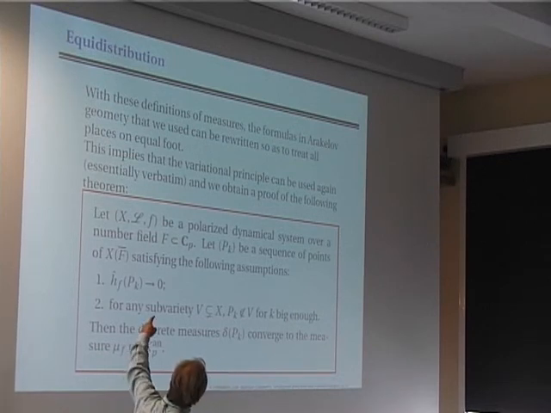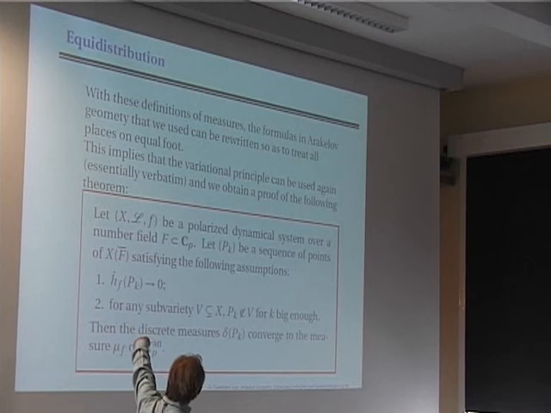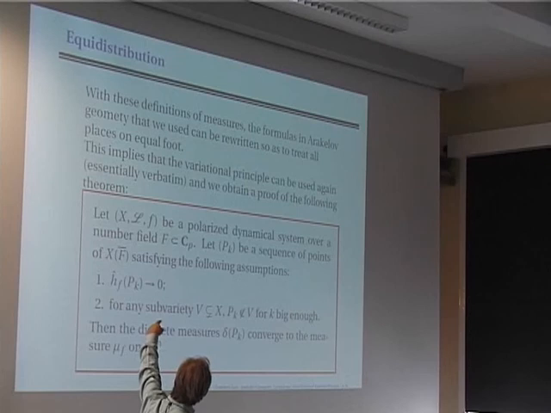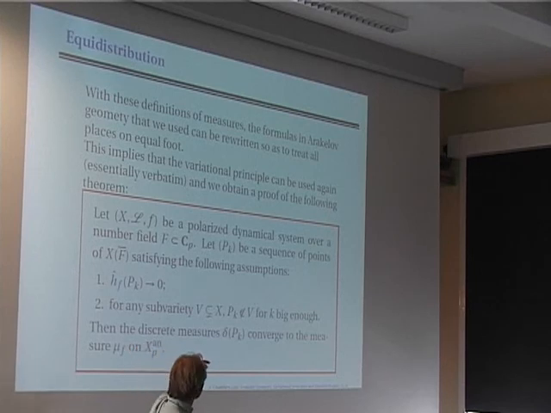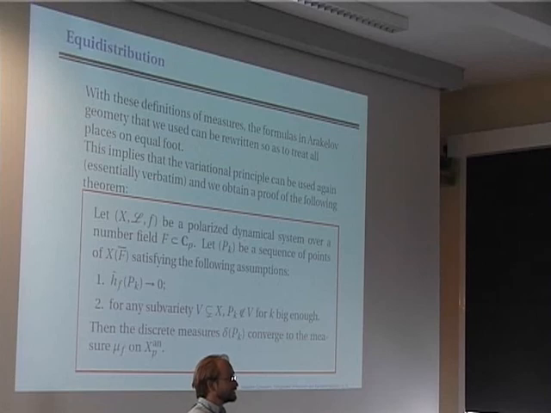In that way, one gets the following equidistribution theorem for polarized dynamical systems over non-Archimedean fields. If you take such a polarized dynamical system and a sequence of points with height going to 0, and you assume that any subvariety contains only finitely many points, then the discrete measures delta of p_k converge to the measure mu_f.